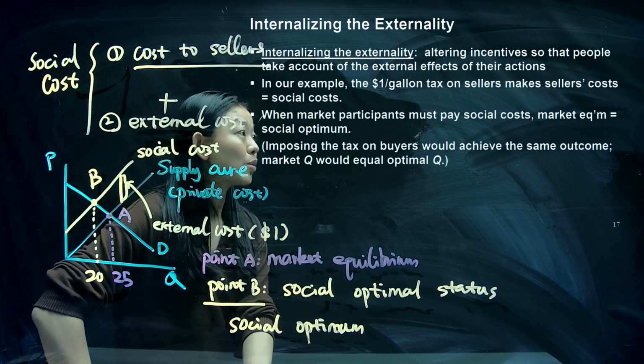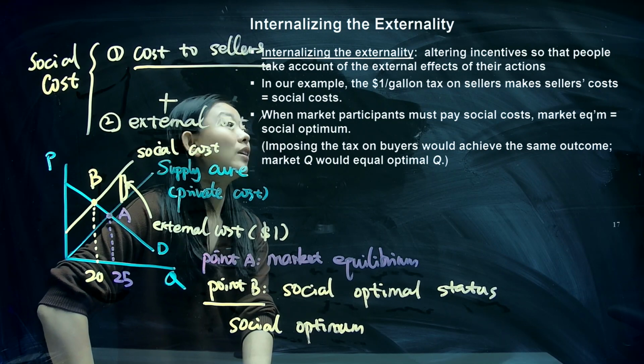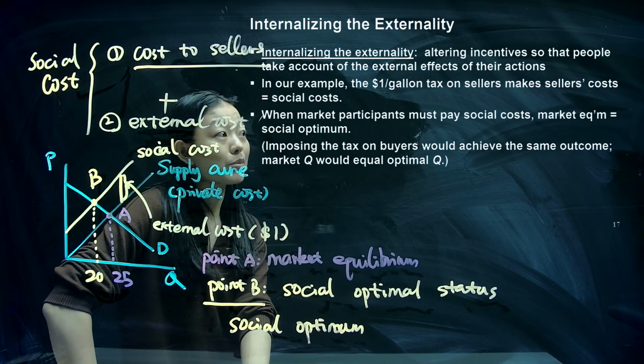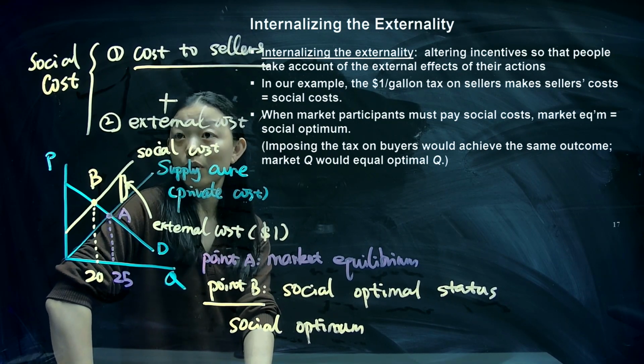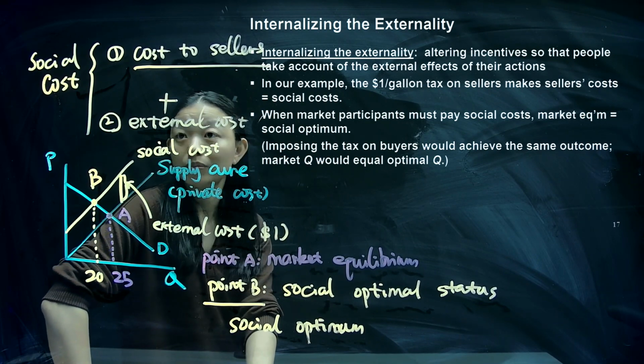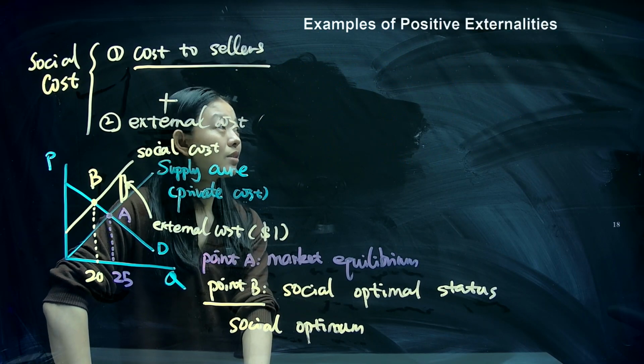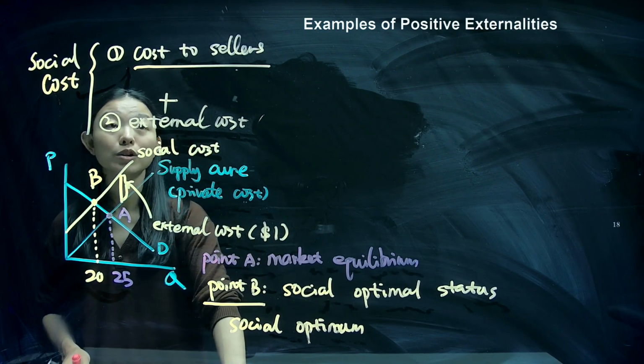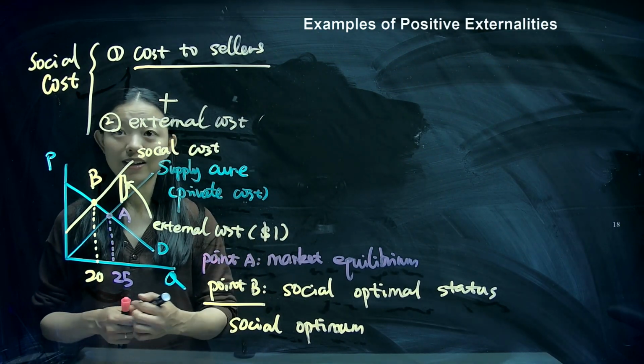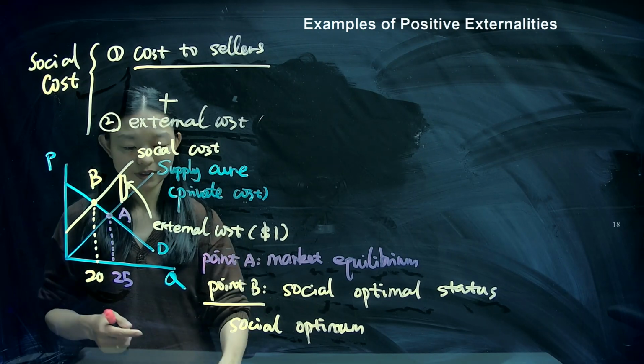Imposing the tax on buyers will achieve the same outcome, making the market equilibrium equal to the social optimum quantity. So this is the way we can internalize the externalities if they are negative.